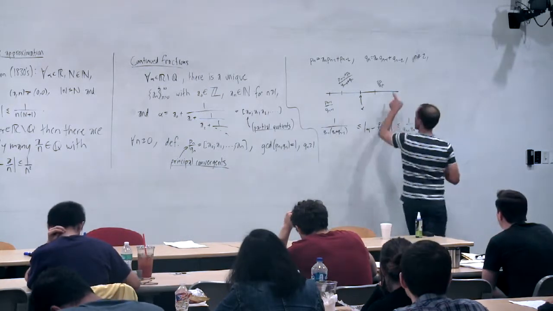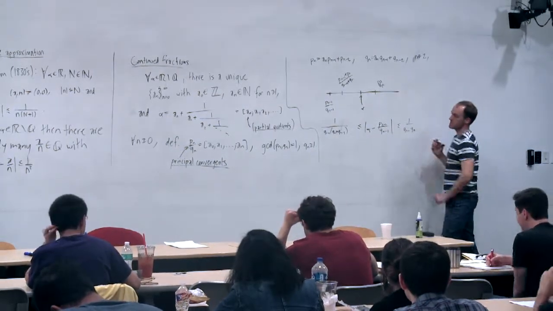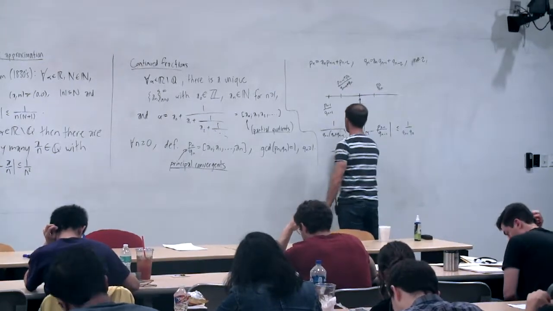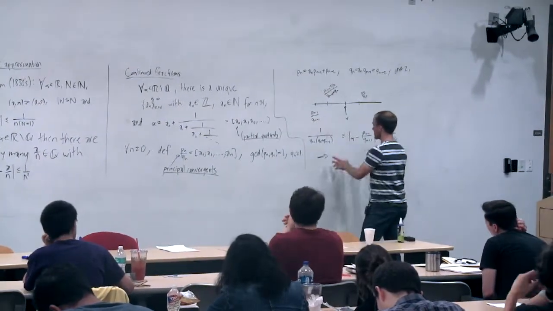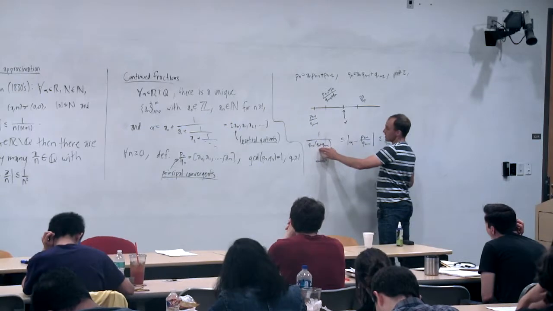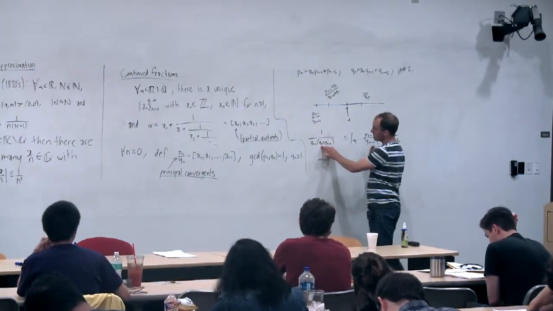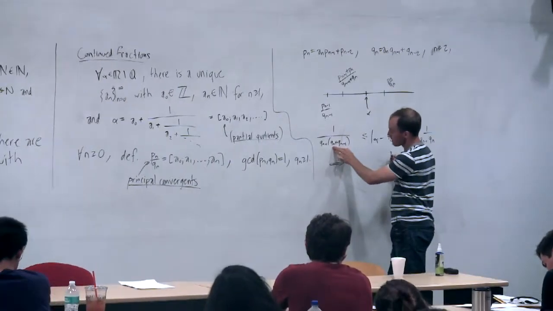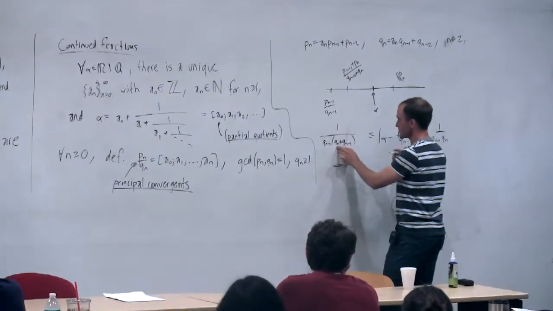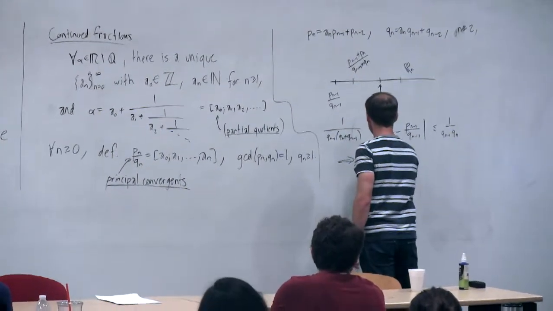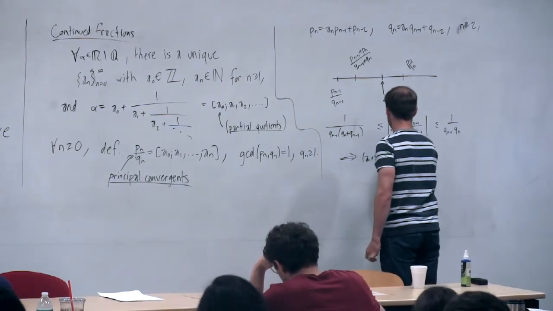Now, if I put my recursion relations into this pair of inequalities, something definitely bigger than q_n plus q_{n-1} would be (a_n plus 2) times q_{n-1}.